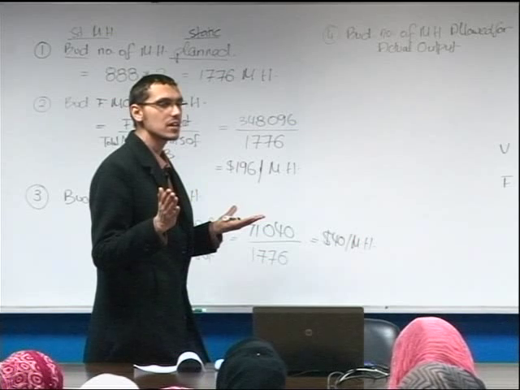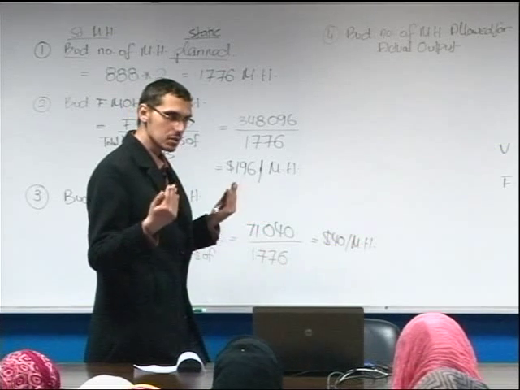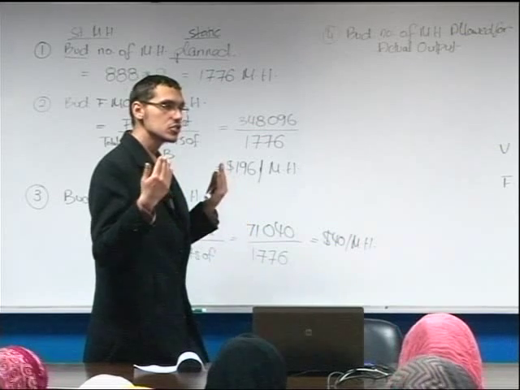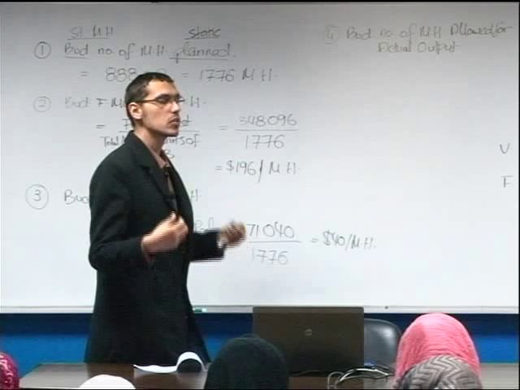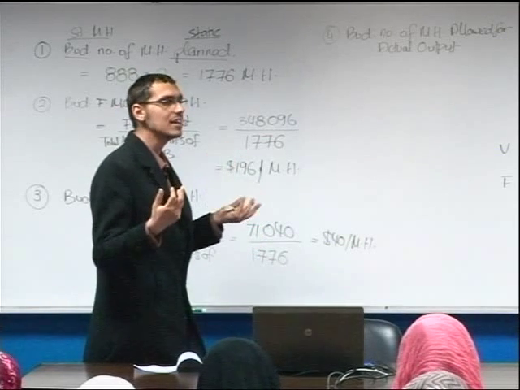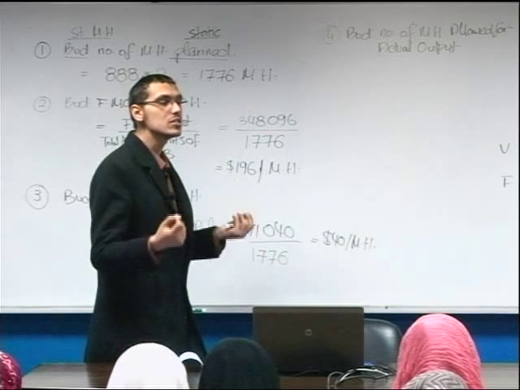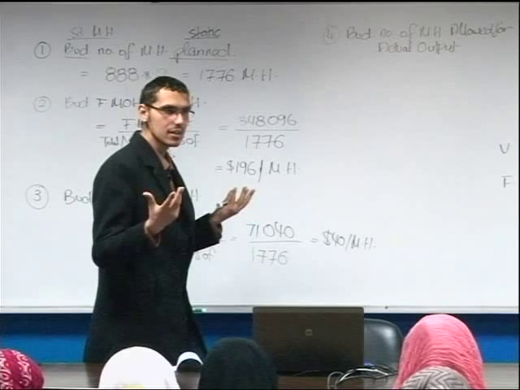How do we prepare the flexible budget? The flexible budget is concerned with standard prices, standard rates, standard quantities, but using the actual number of units produced, correct?